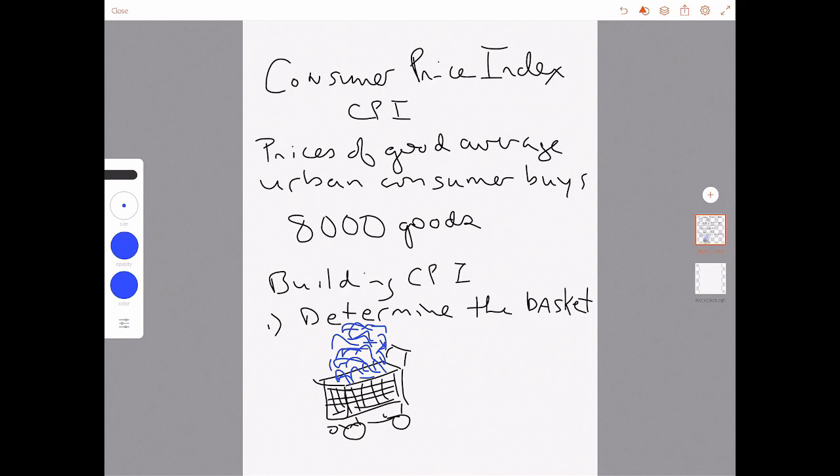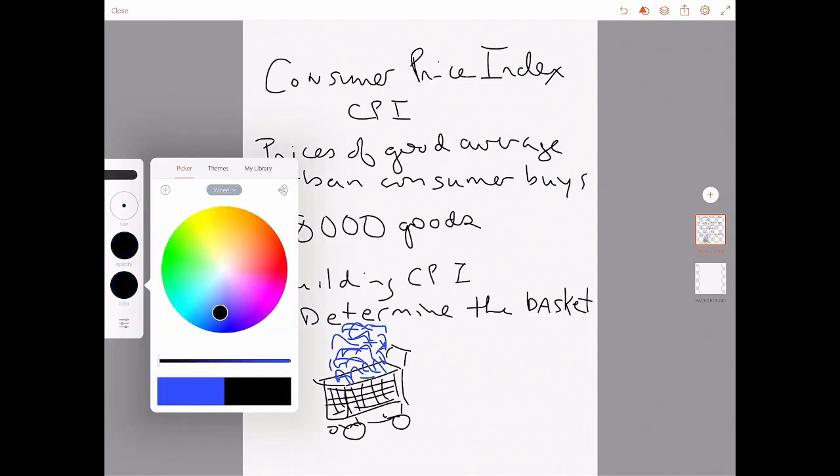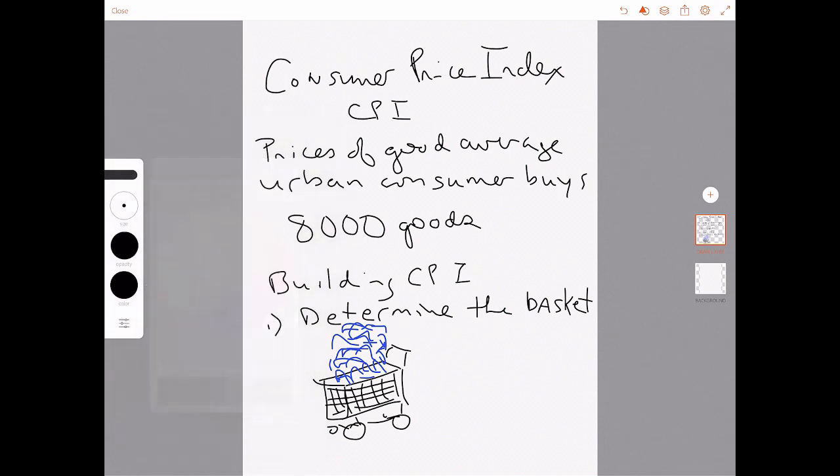So the first thing we do is we determine what's in the basket. The second thing is we have to get the prices of those goods that are in the basket. And that's what you've done by checking out. And then we compute the index.